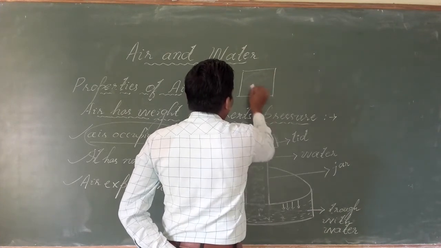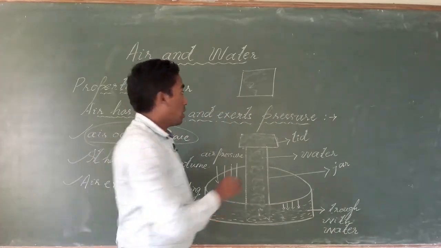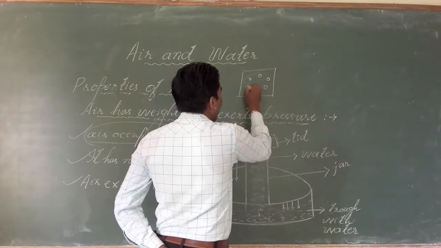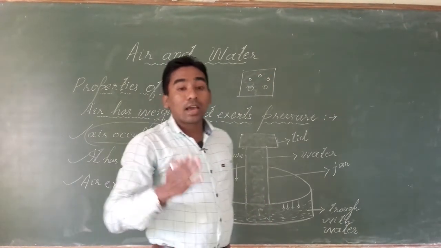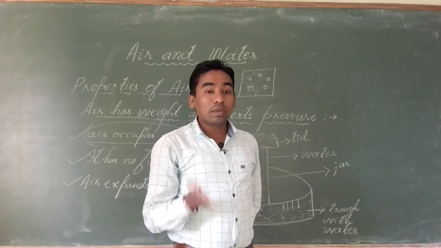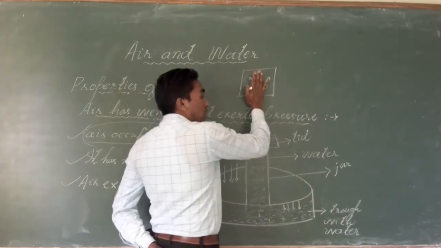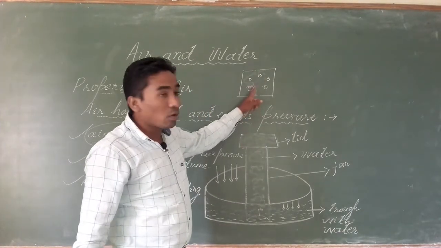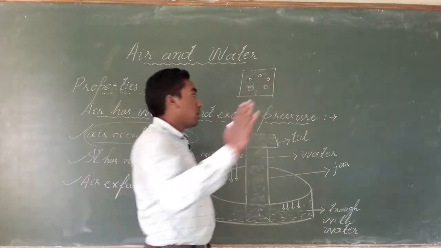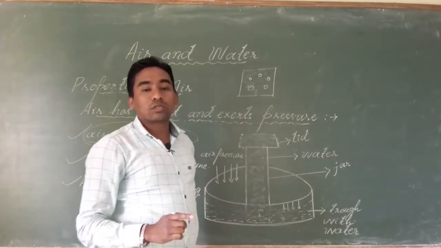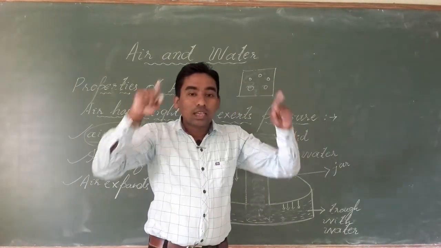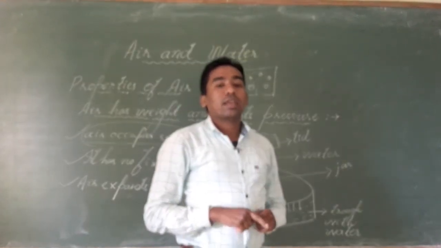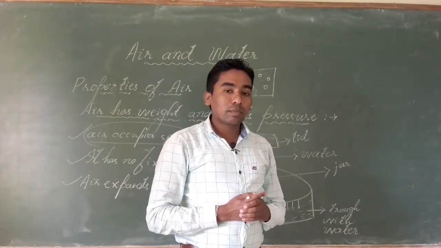In this hoarding, some advertising is given here, but still some holes are there, because when the air passes, when the air exerts pressure, due to the presence of the holes, the air flows away. That's why the hoardings cannot be torn off. So this is the experiment showing that air exerts pressure, and we can know it.